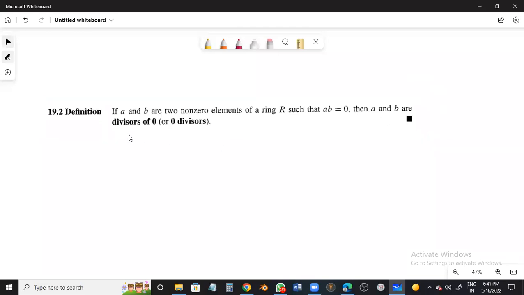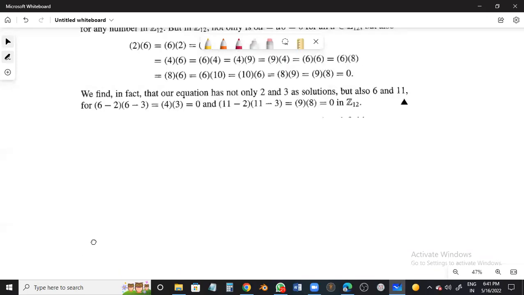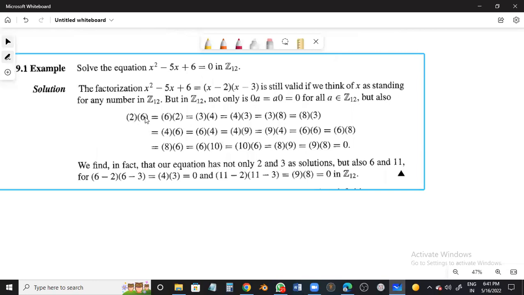Then A and B are called divisors of zero. Here, 2 and 6 are divisors of 0 in Z12. 3 and 4 are divisors of 0 in Z12. 6 and 8 are divisors of 0 in Z12. Likewise, you can watch so many divisors over here.